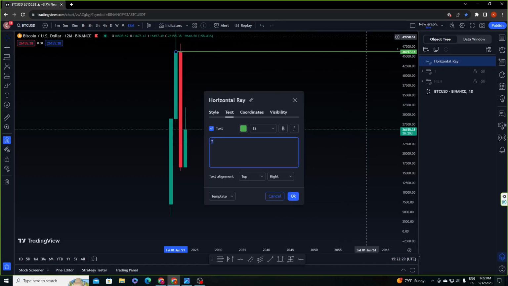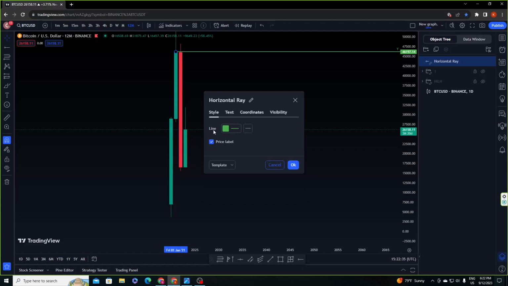Also here in the settings, you may choose the color of the text and the color of the line. Also, you can make your own template, name it and save it.